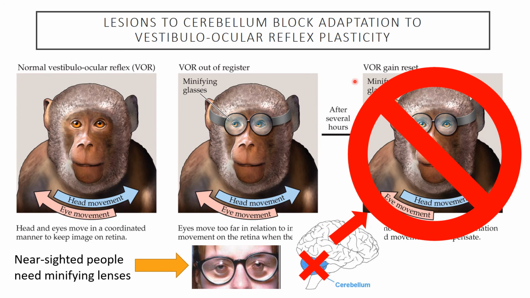The same happens for this vestibular ocular reflex gain. The reset cannot happen, and so these monkeys are never able to end up with the smaller eye movements when they're wearing these glasses, and instead they continue to overshoot. Again, illustrating the importance of the cerebellum in maintaining proper motor signals in order to get coordinated movements.